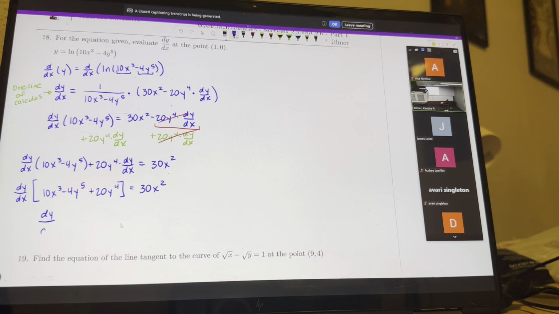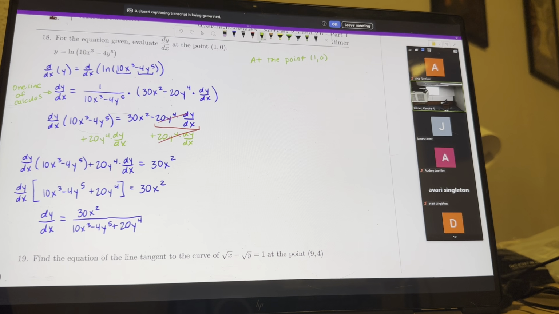And then my dy/dx can be solved for by just dividing through what I have inside those brackets. So we have 30x squared divided by 10x cubed minus 4y to the 5th plus 20y to the 4th. And then we're wanting to evaluate this at the point (1, 0).